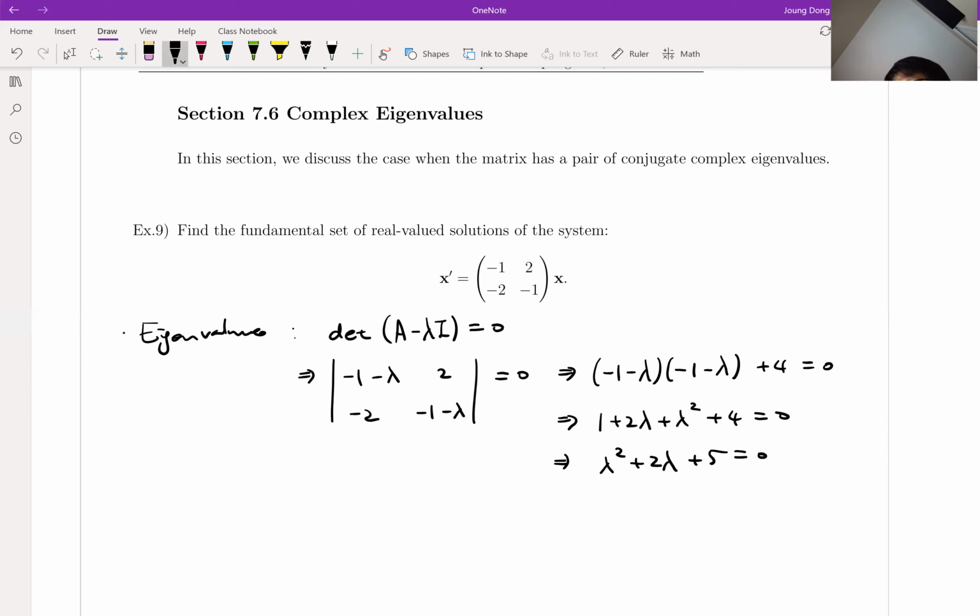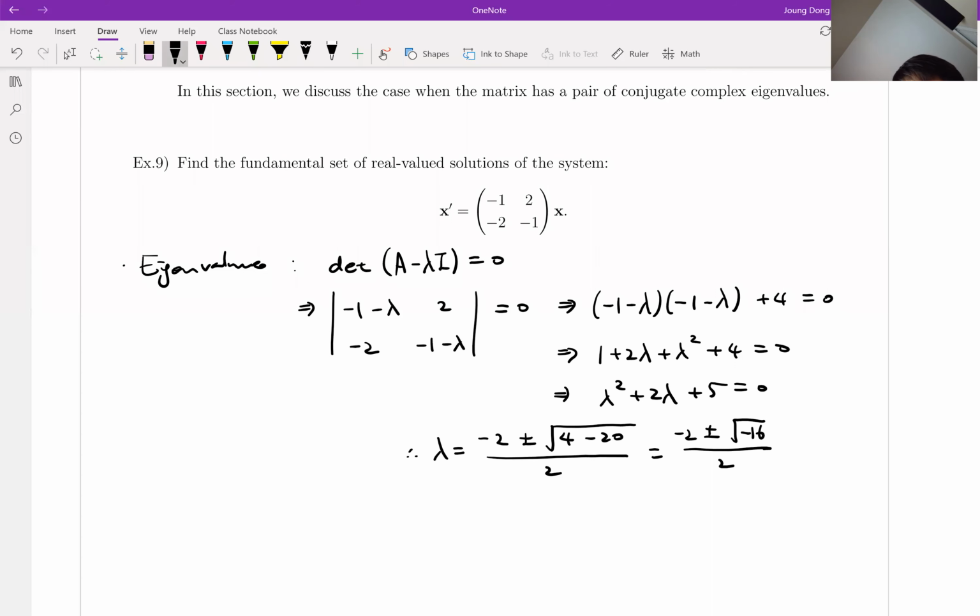Unfortunately, there's no way to factor this equation, but we can use the quadratic formula. My lambda is equal to minus b plus or minus the square root of b squared minus 4ac, over 2a, which is equal to negative 2 plus or minus the square root of minus 16, over 2.